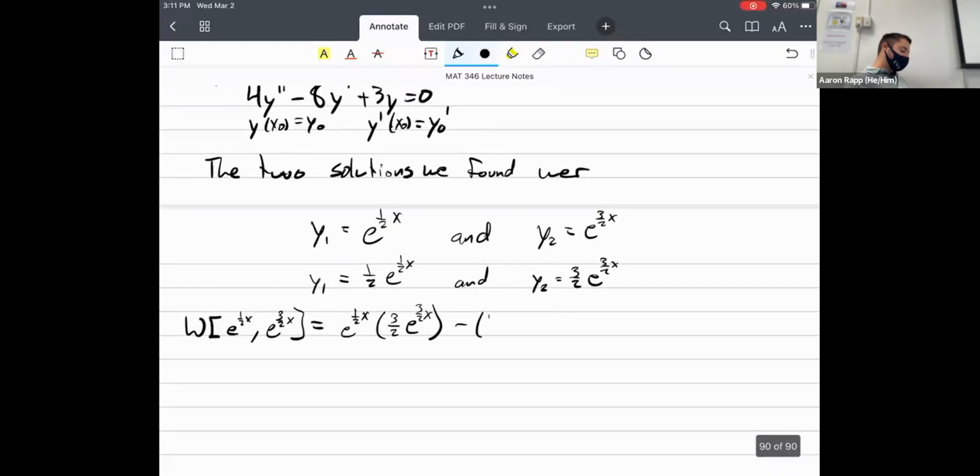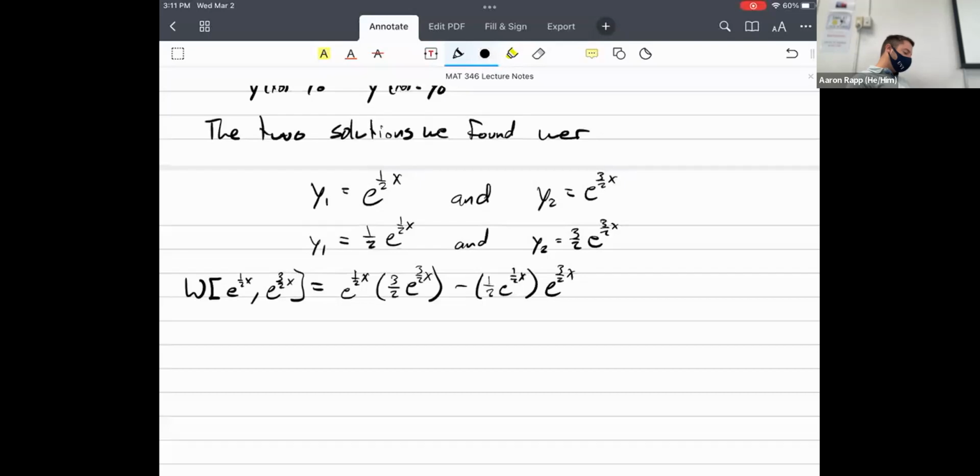Subtract it from the derivative of y1 times y2. This creates my Wronskian. I can simplify this down to 3/2 e to the 2x minus 1/2 e to the 2x, giving me just e to the 2x.